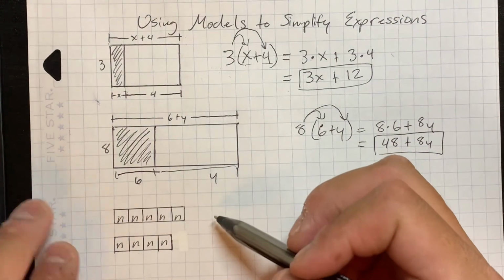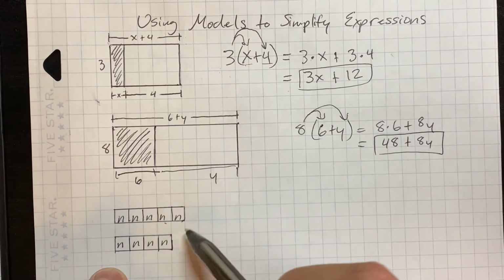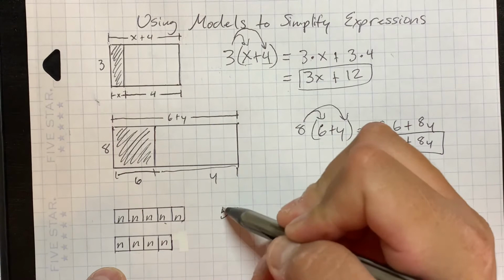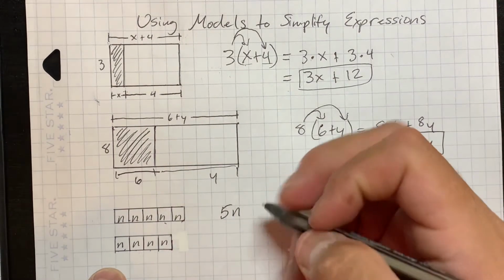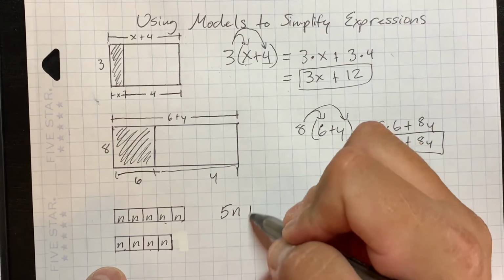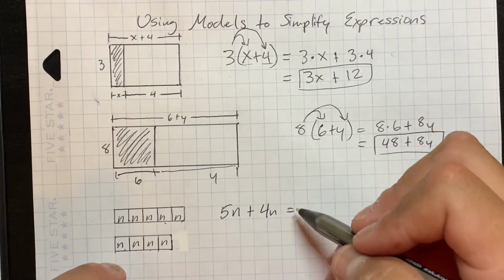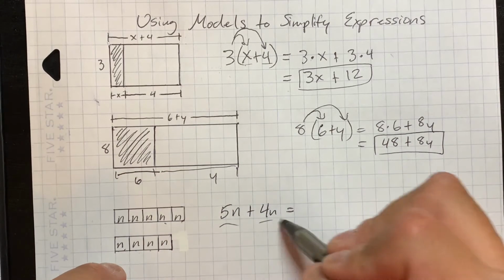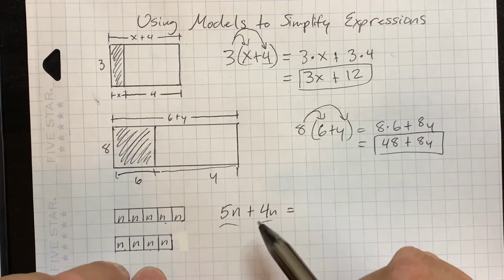So down here, you have 1, 2, 3, 4, 5 different n's. Down here you have 1, 2, 3, 4 different n's. So what is 5n plus 4n? We have two terms. They are like terms because they have the same variable.